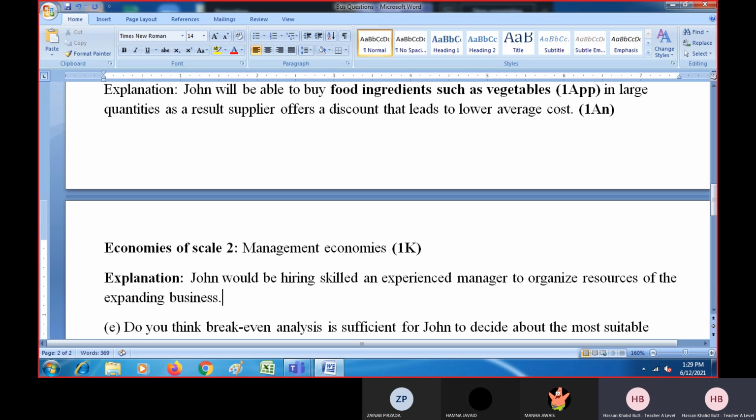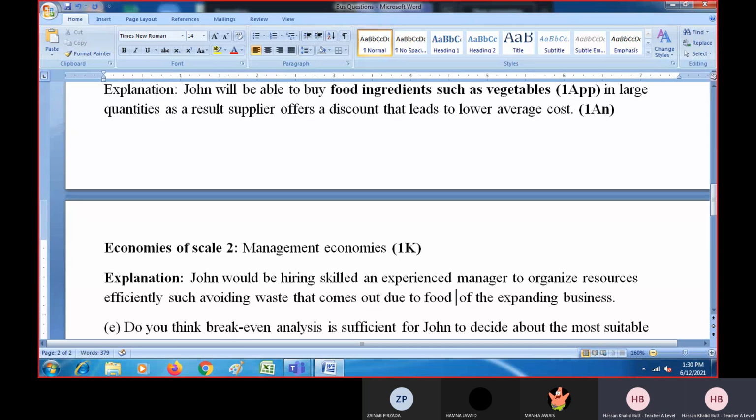As a result, now I'm going to use the application as an experienced manager to organize resources efficiently, right? Now I'm writing it. Efficiently means that you do not waste the resources, such as avoiding waste that comes out due to food being cooked in a wrong way.